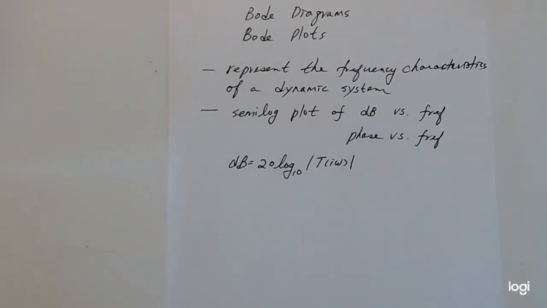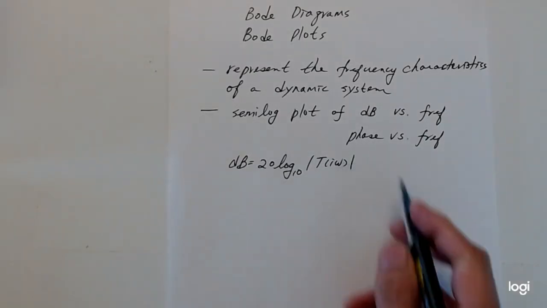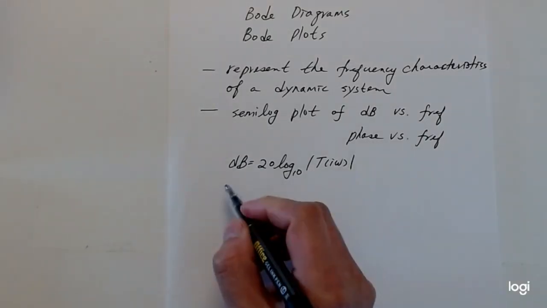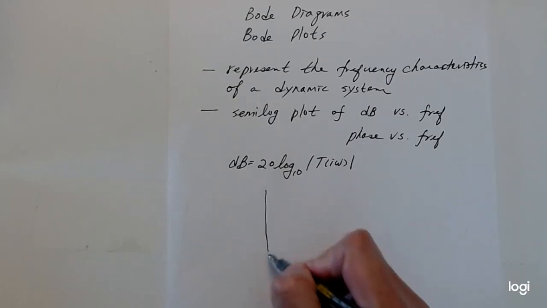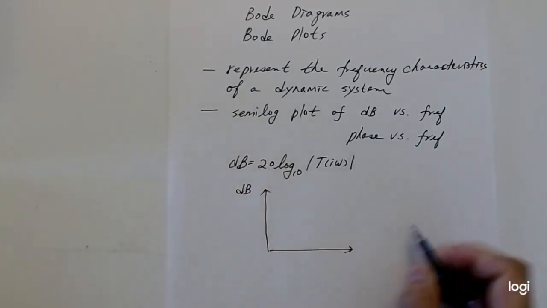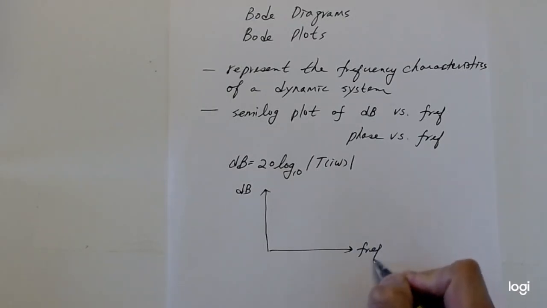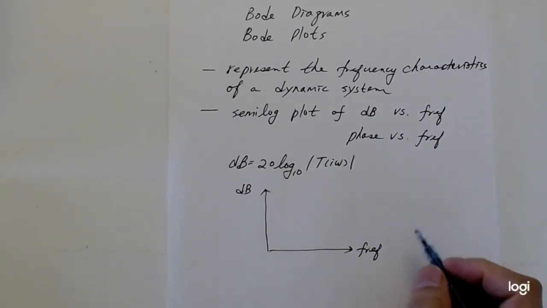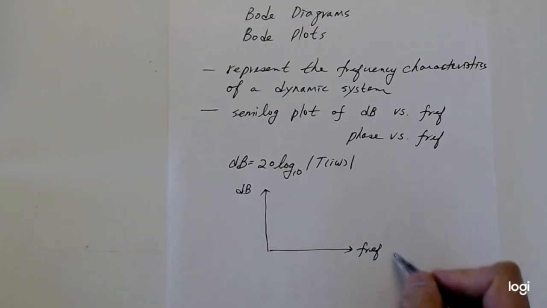So, why do we use it? In other words, for the Bode plot, you should have two of them. The magnitude part, you have dB versus frequency, and this is in log scale.